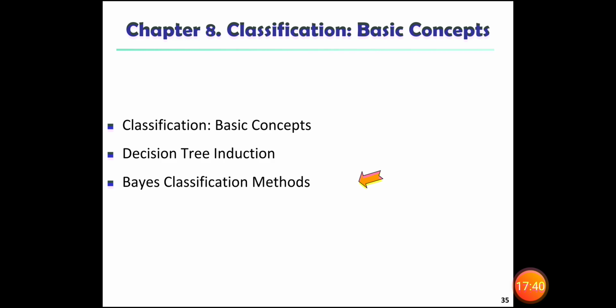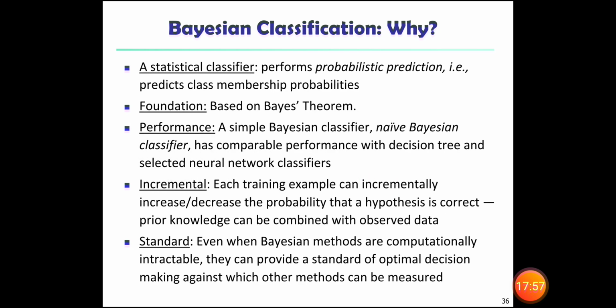So with this, the decision tree induction algorithm will be finished. Then we'll go to the introduction part for Bayes classification methods. So Bayesian classification: why do we need to go for Bayesian classification?